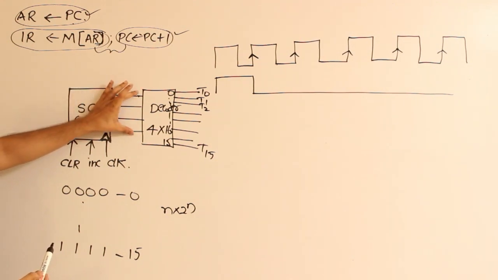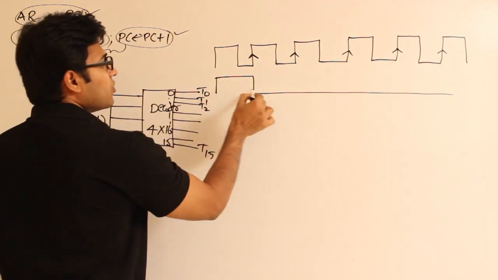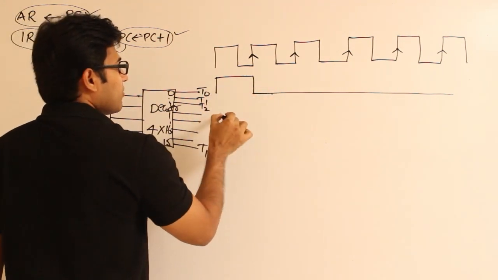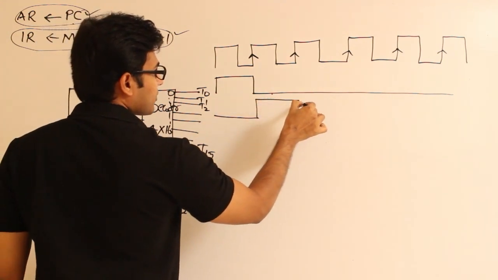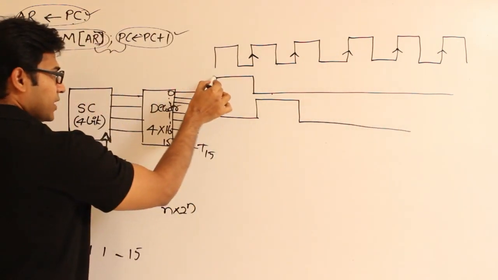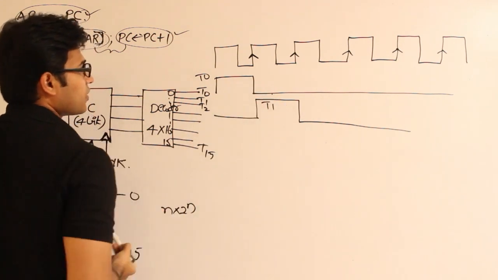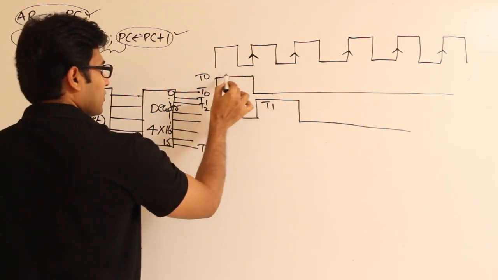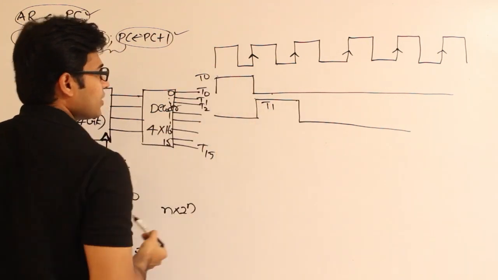So whenever 1 is applied here, T1 will be highlighted, which means T0 will go to 0 for the next one, but then T1 will start. Got it? Therefore for one clock, for the first clock T0 is on, and for the second clock T1 is on.